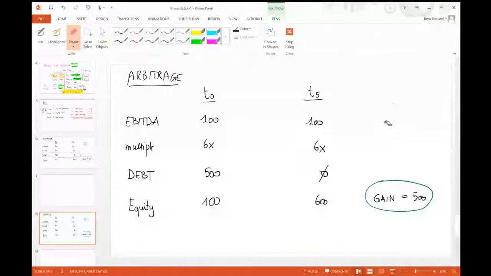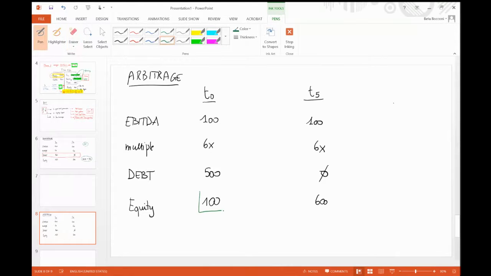We start again our deal with a company whose EBITDA is 100 with a multiple of 6 and a debt of 500. But now we assume that the situation changes. So the starting point is always an equity of 100 with a debt of 500. But our strategy is, I'm looking in the market in order to find undervalued assets.